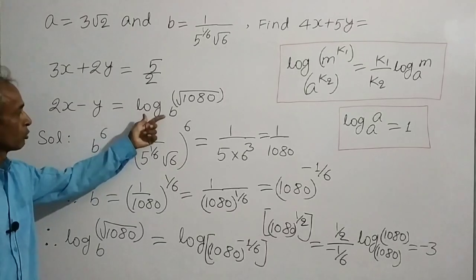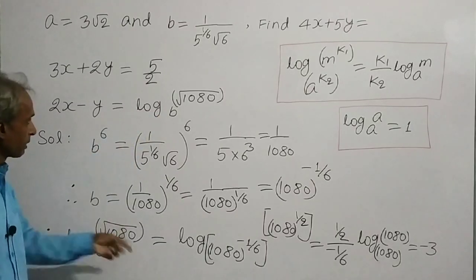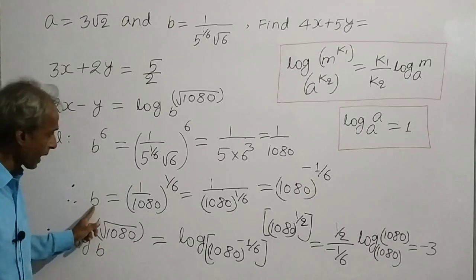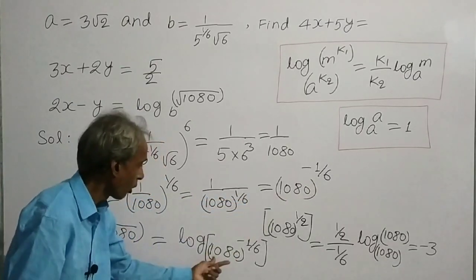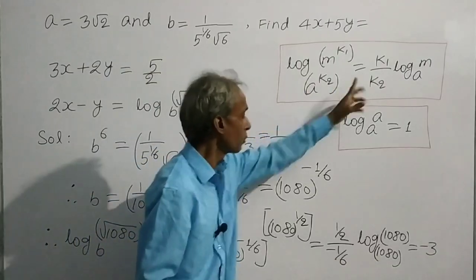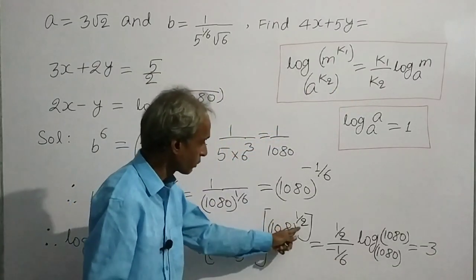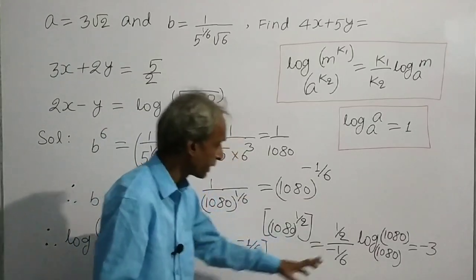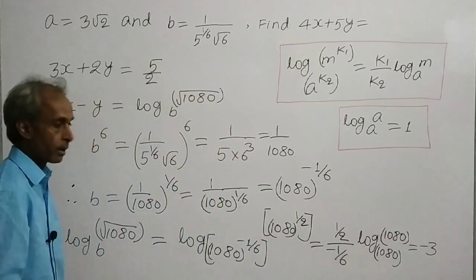Now, value of this logarithm will be, in place of this b, we write this value of b. And now we apply this formula. 1 by 2 in the numerator, minus 1 by 6 in the denominator.